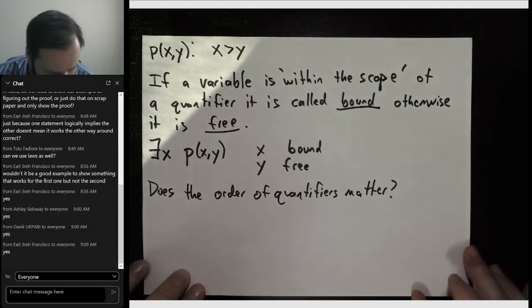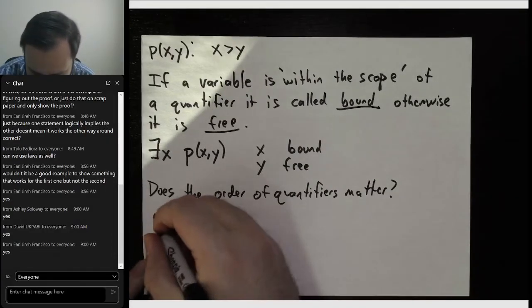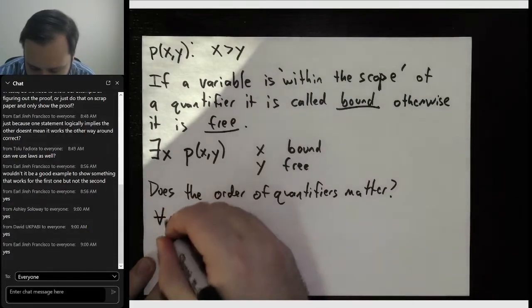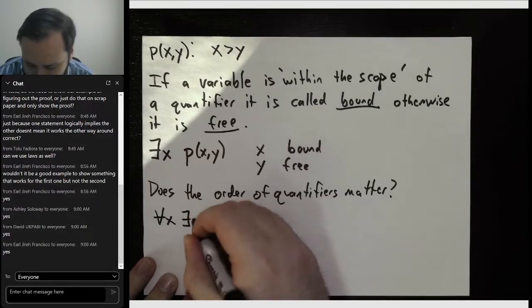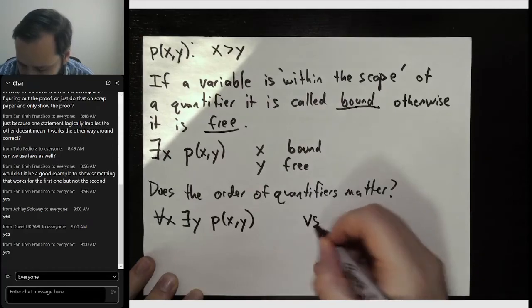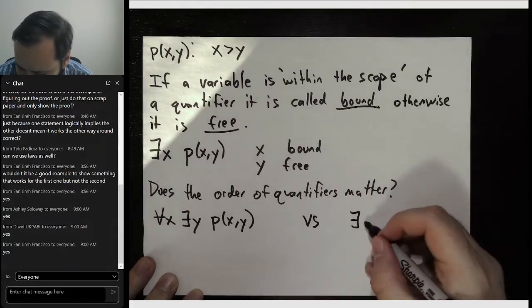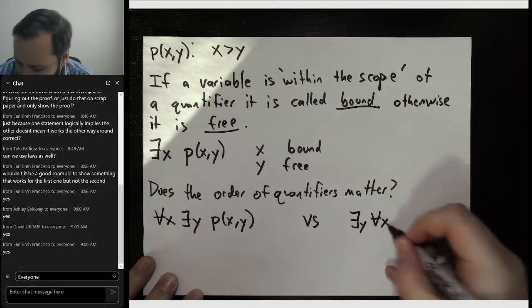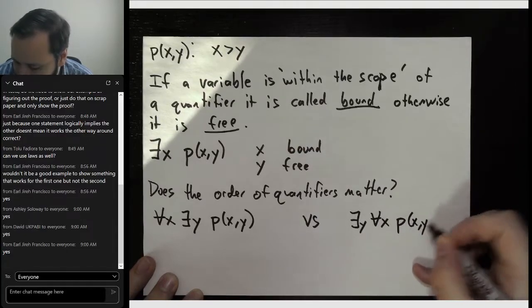So let me give you an example. What is the difference between for all x exists y, p of xy, versus exists y for all x, p of xy?